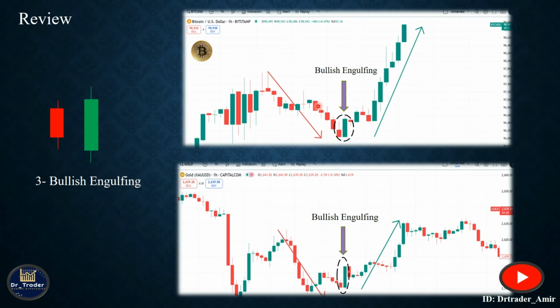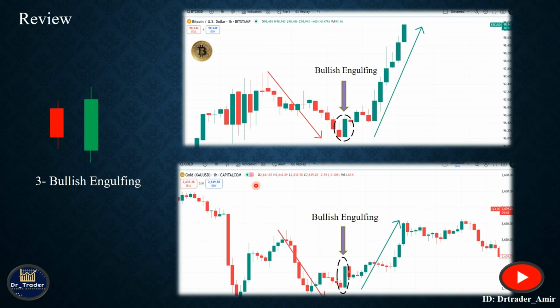And suddenly when the market saw the bullish engulfing candlestick pattern, it changed the trend. It means that the market was so sensitive and conscious about this candlestick pattern, and the price increased sharply from approximately $96,000 to more than $99,000.